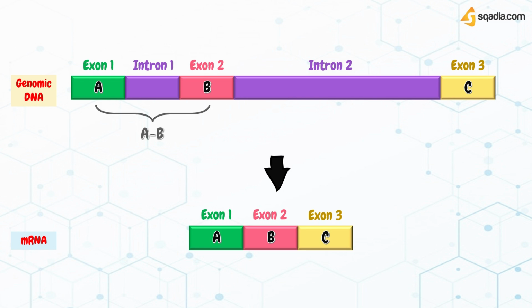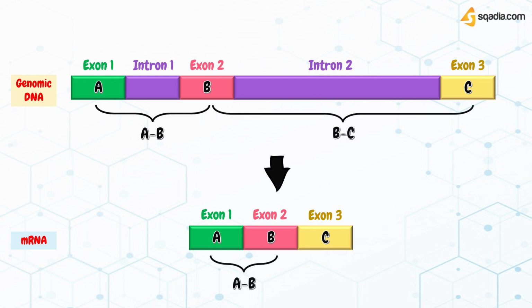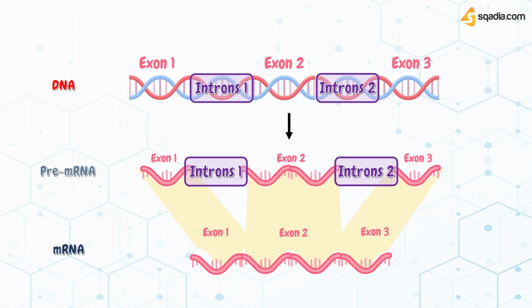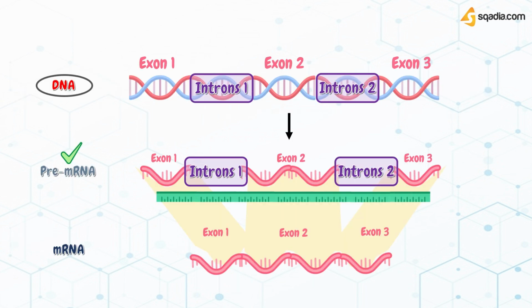The distance from A to B in the gene is smaller than the distance from B to C, but the distance from A to B in the messenger RNA and polypeptide is greater than the distance from B to C. So we can say the length of a gene is defined by the length of the primary messenger RNA transcript instead of the length of the mature messenger RNA.